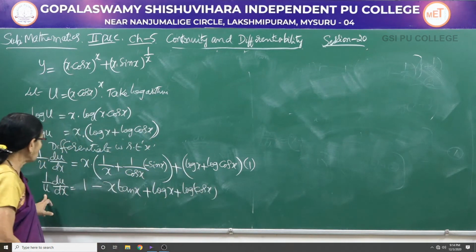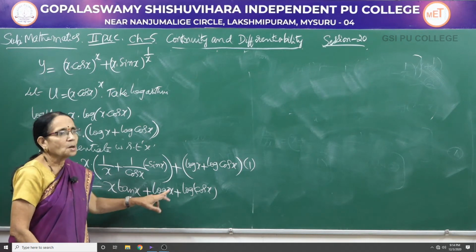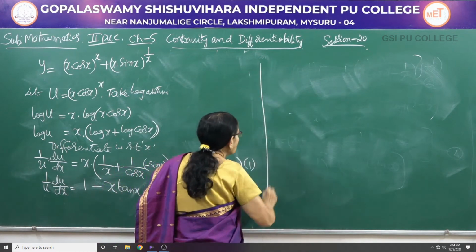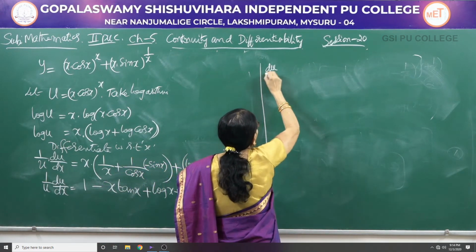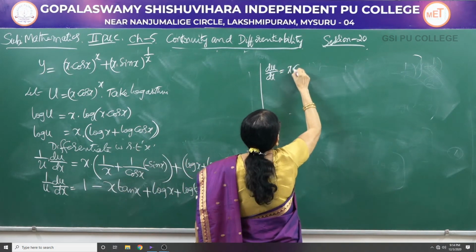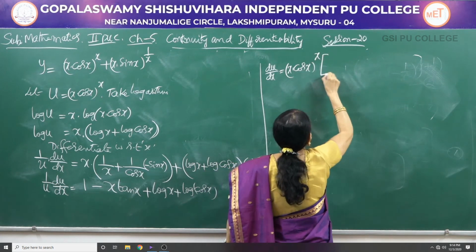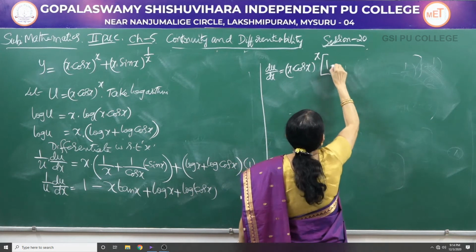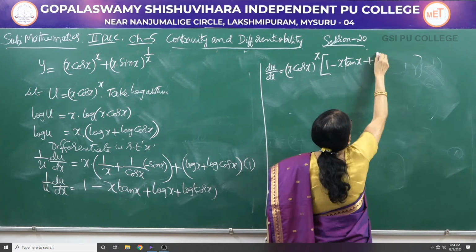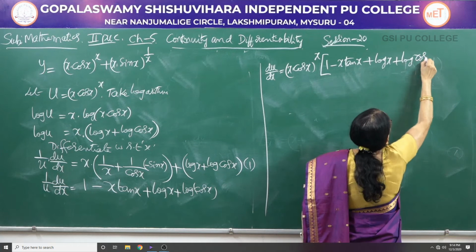So 1 by u into du by dx equals 1 minus x tan x plus log x plus log of cos x. Now u has to be taken to the right hand side. Therefore du by dx is equal to (x cos x) whole to the power x into, in the bracket, 1 minus x tan x plus log x plus log of cos x.